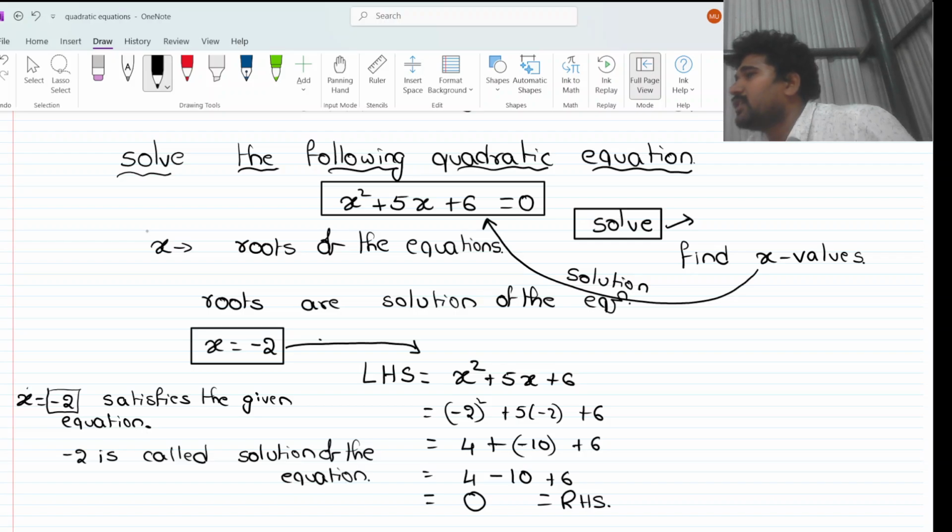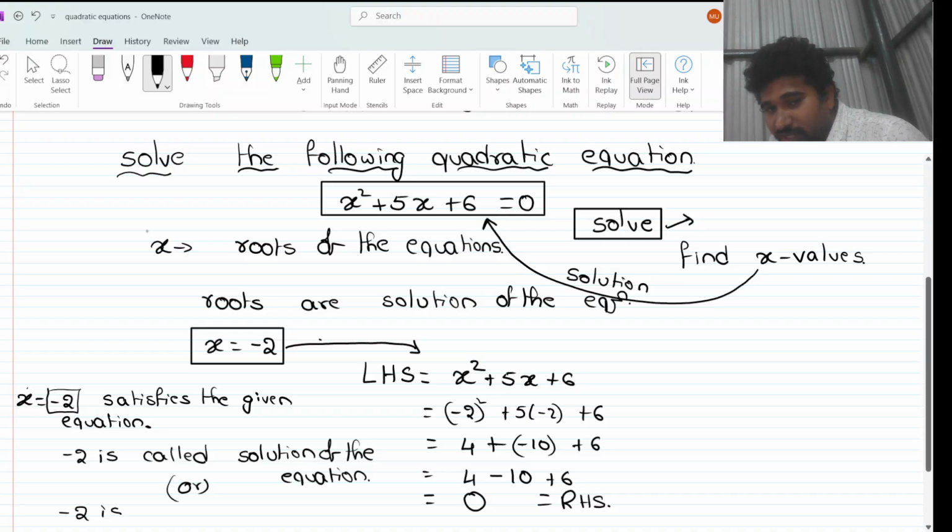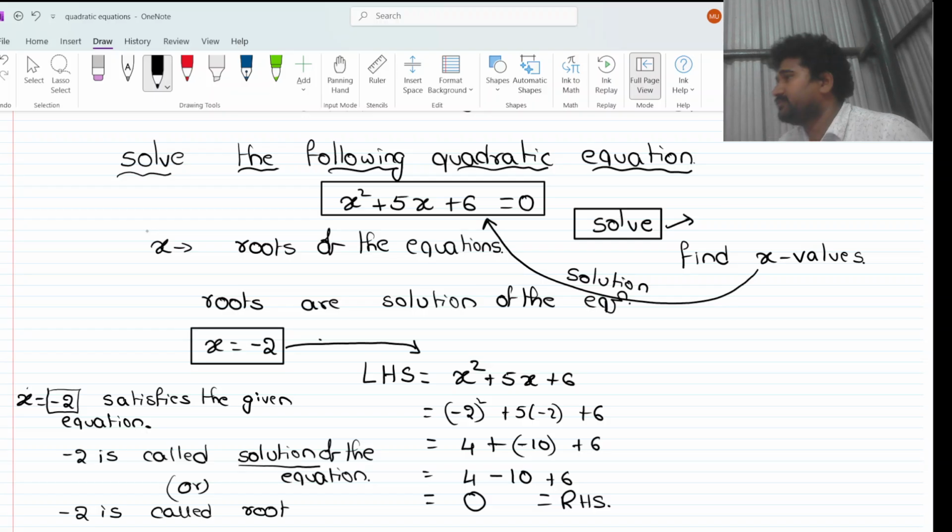Another name: this -2 is called a solution. We are going to replace it with the name root.